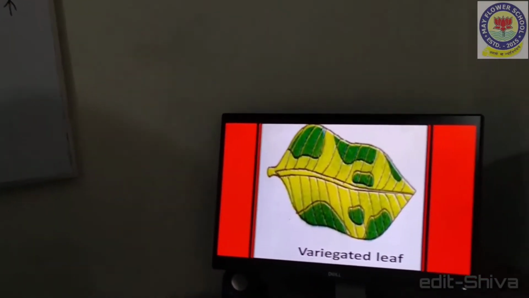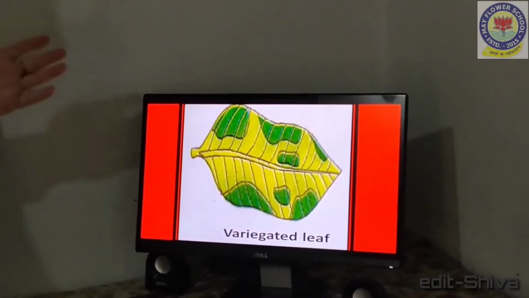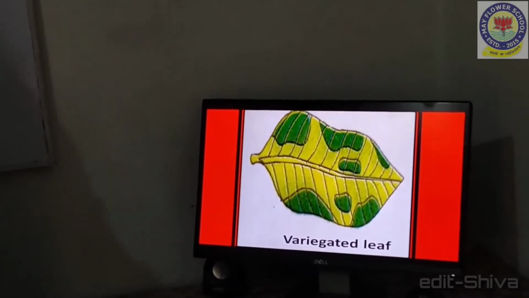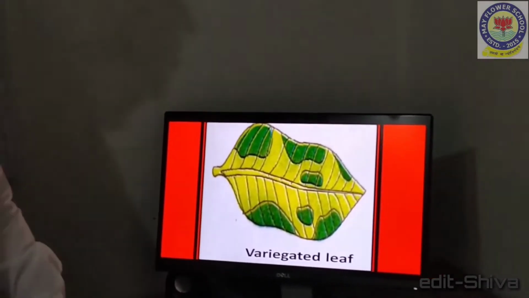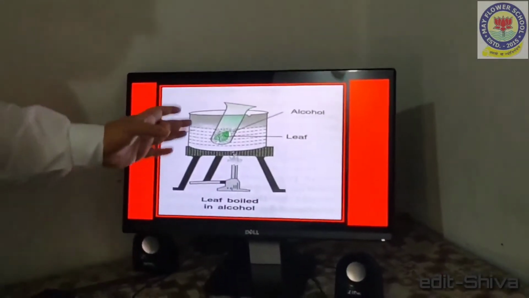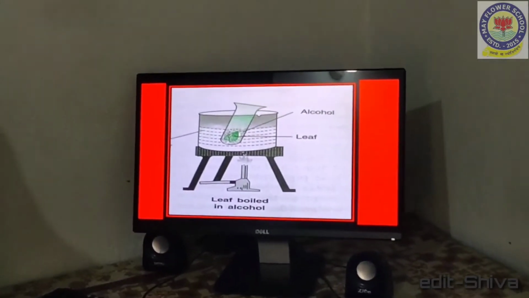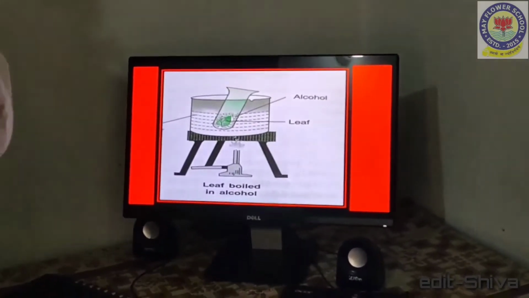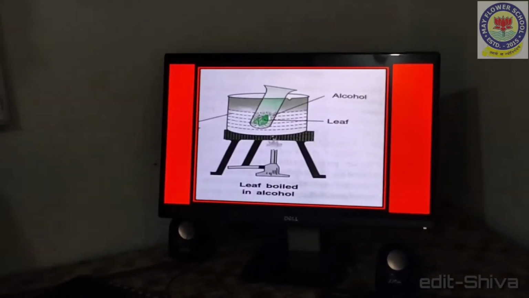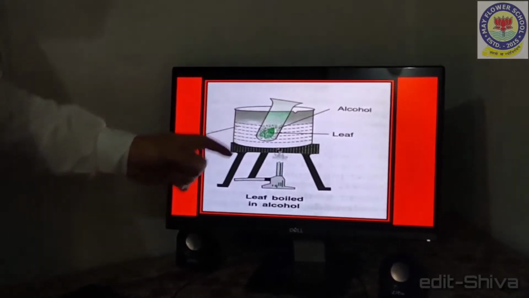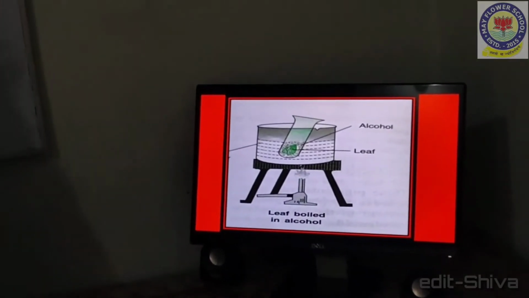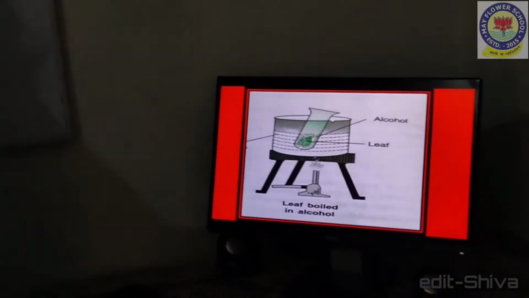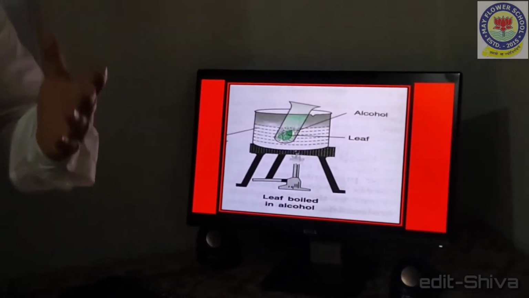After that, we insert this leaf in a test tube containing alcohol and put the test tube in a water bath for heating. Here we heat this apparatus gently, not strongly, because alcohol present in the test tube may catch fire. Why? Because alcohol is a highly inflammable substance.